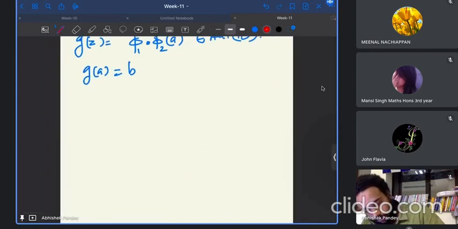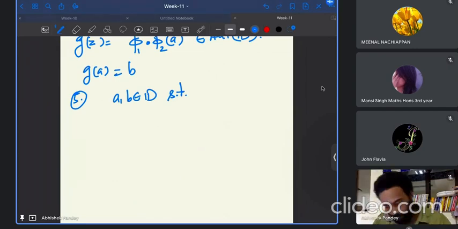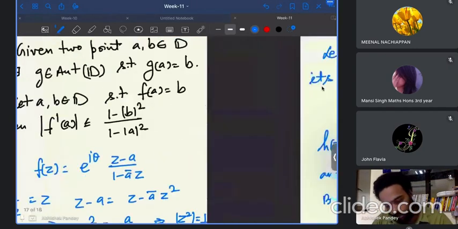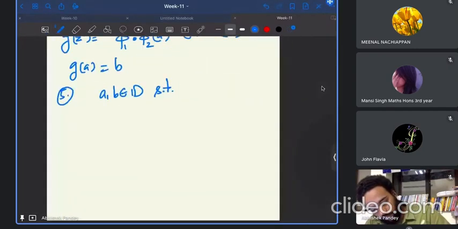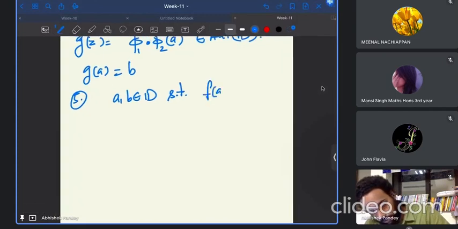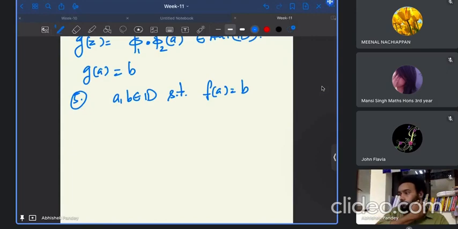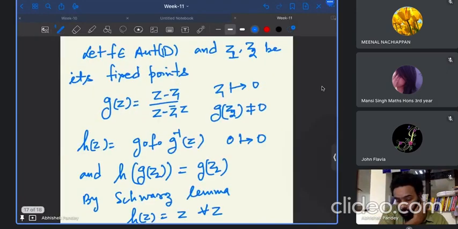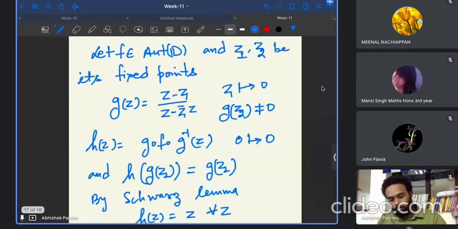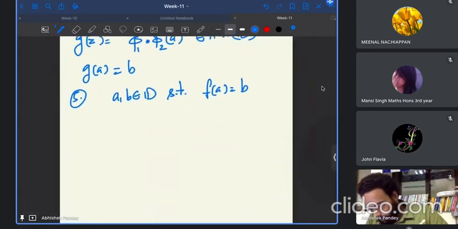Now let us look at the fifth one. a, b belong to D such that f of a is equal to b, where f belongs to the automorphism group of D. We need to show the desired inequality.